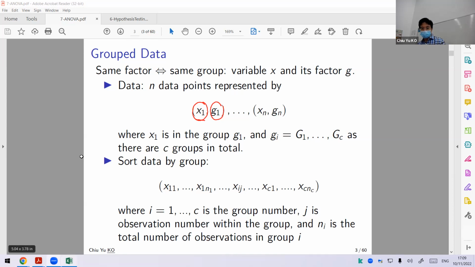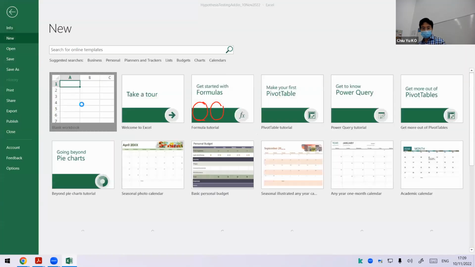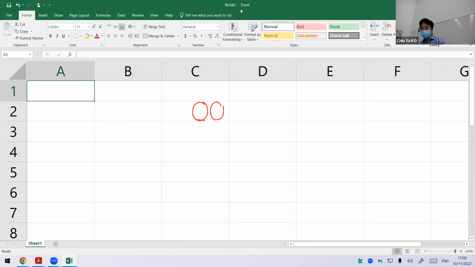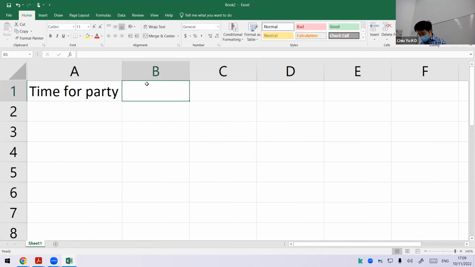This is the usual data you will get. For example, this is the time for party, and this is college.